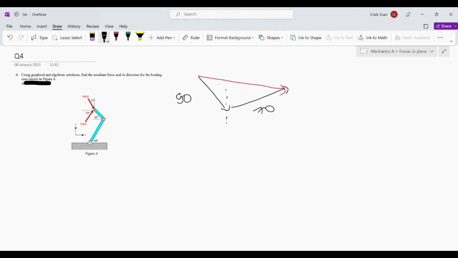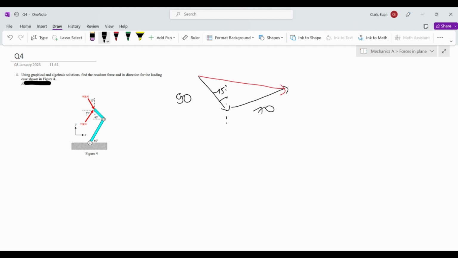So we know from this drawing here that the angle between our 90 kilonewton force and the vertical is 15 degrees. So we just have to do the same thing here. 15 degrees. And here we know that the angle between the 70 kilonewton and the horizontal is 55 degrees, and this is 90 degrees.